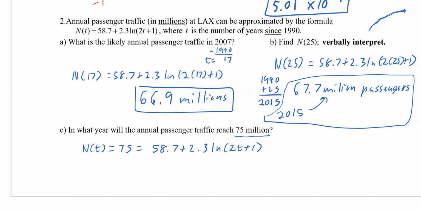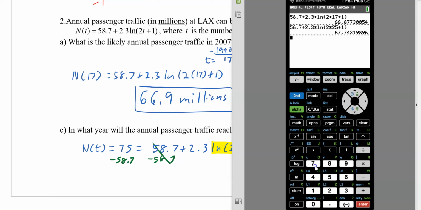So again, we want to isolate that natural log. So everything around it needs to go. So anything being added, we need to subtract away. And we end up with, so just 75 minus 58.7, and we get 16.3.